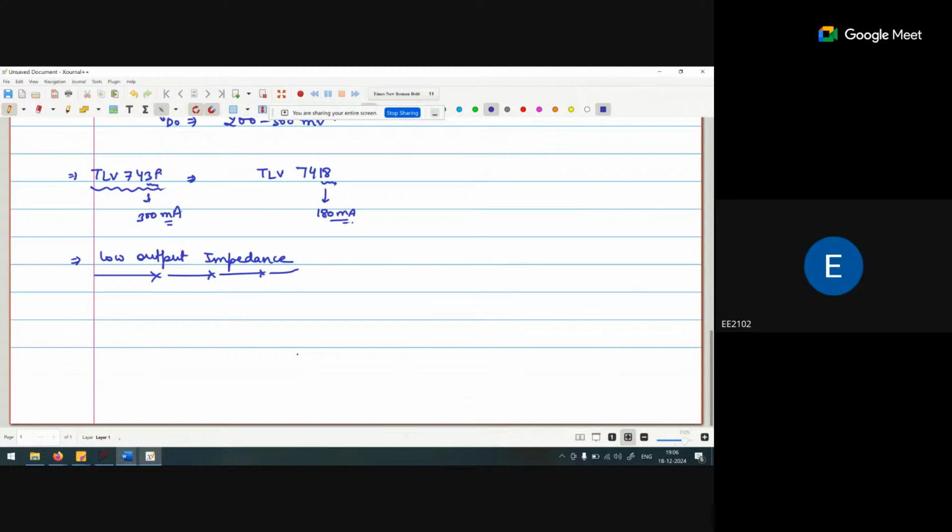Basically, for the low output impedance, we are connected, like we have a dropout voltage, like this is we have a linear regulator.